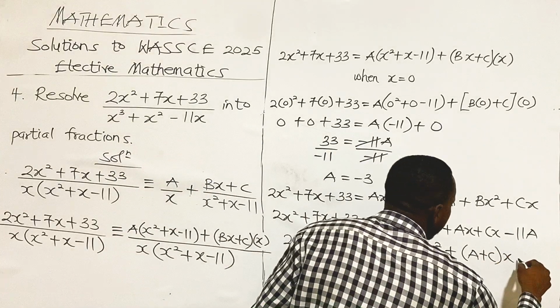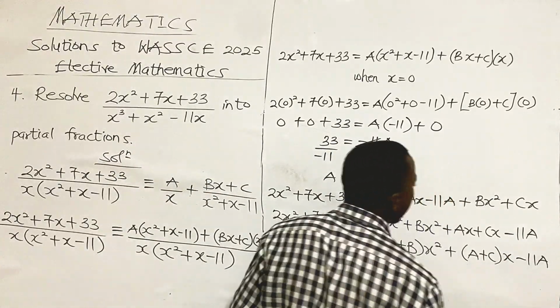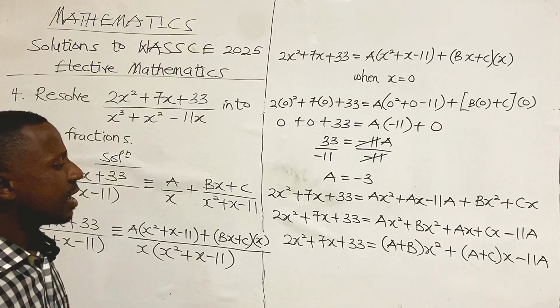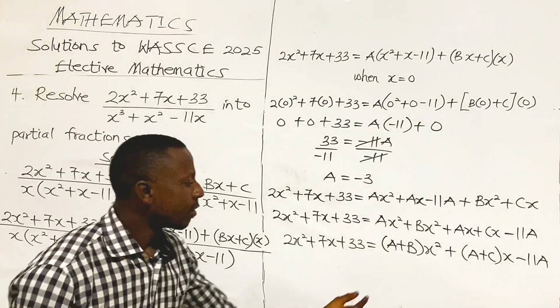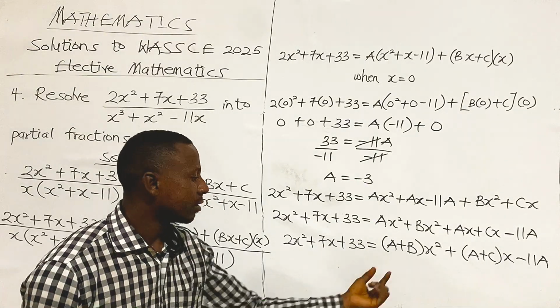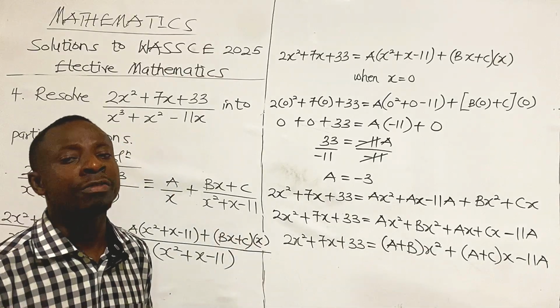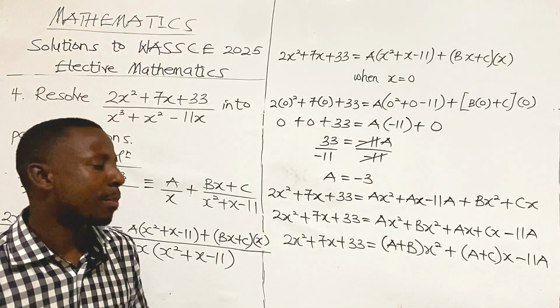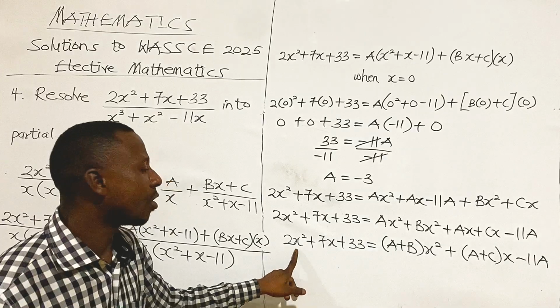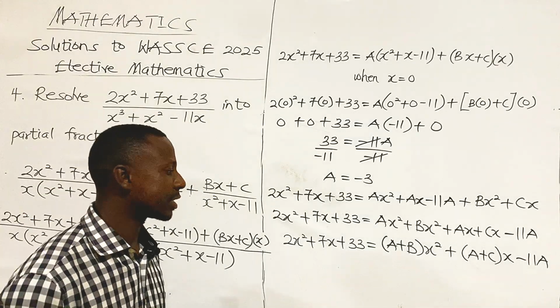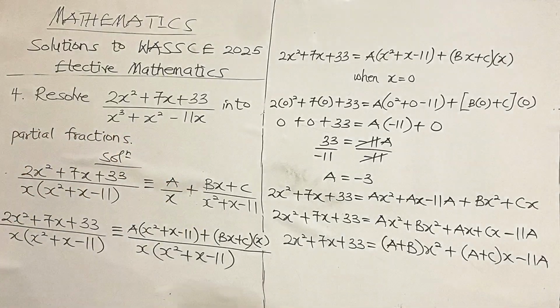Then this is the constant, which is negative 11a. Now we know the value of a, but from here this one will help us to get the value of b by comparing the coefficient of x squared. So let's move on from here.